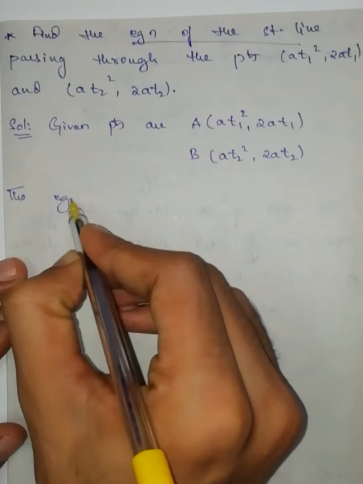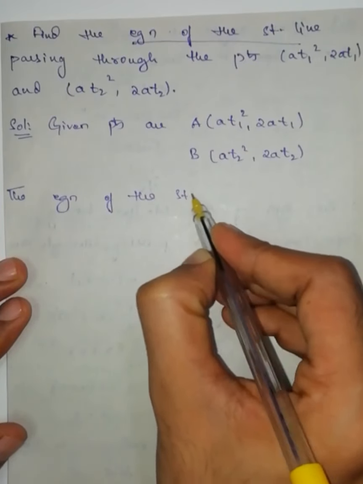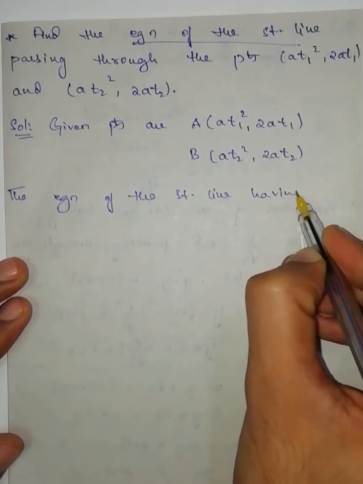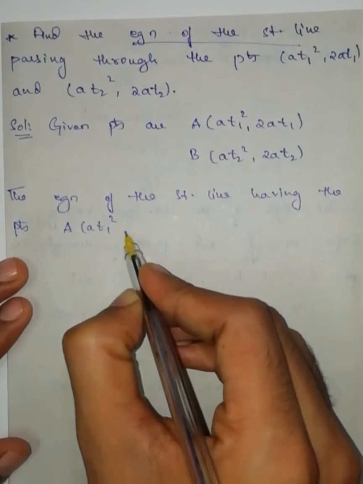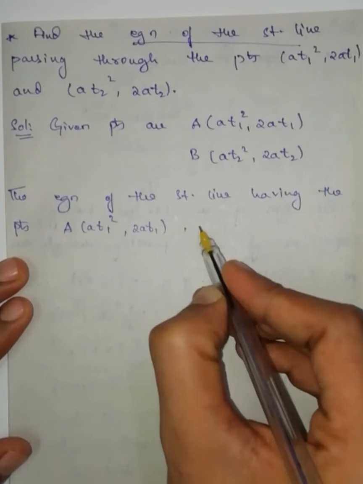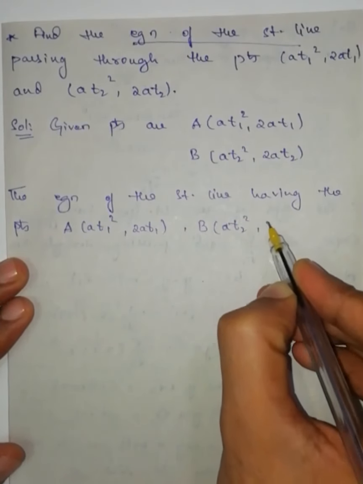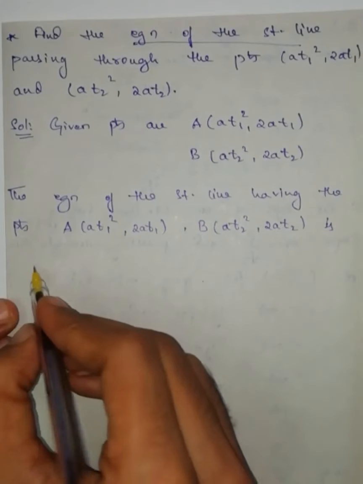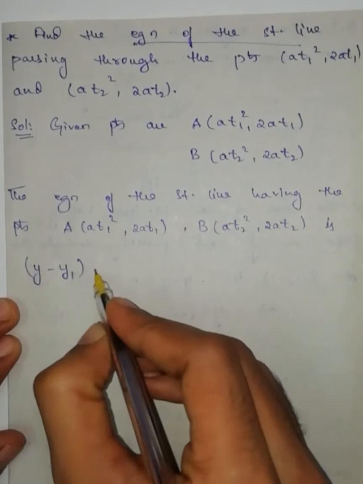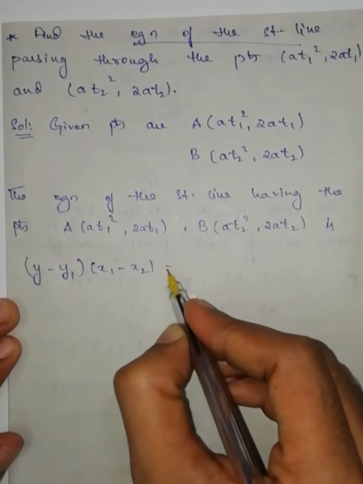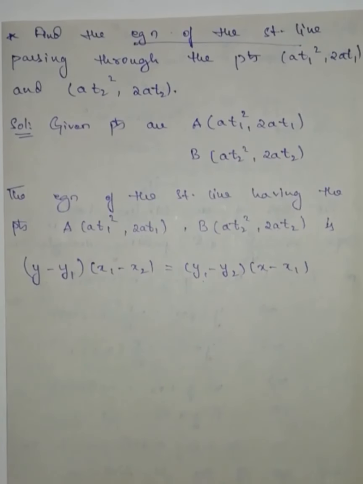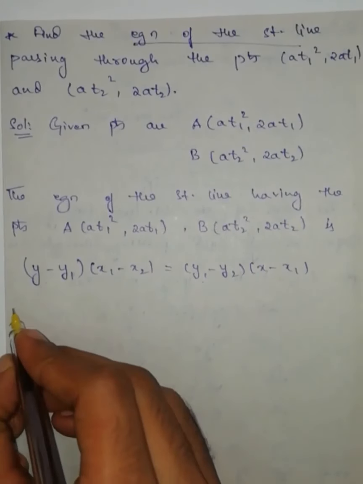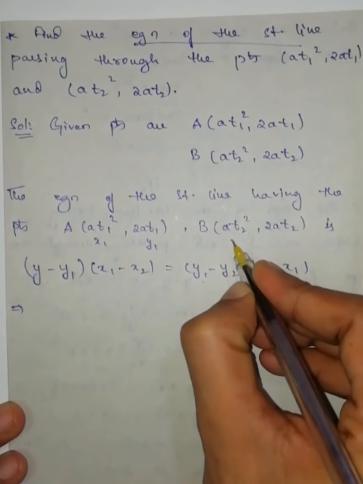The equation of the straight line having the points a t1 square comma 2a t1 and a t2 square comma 2a t2 is, what is the formula? y minus y1 into x1 minus x2 is equal to y1 minus y2 into x minus x1. Now substitute. This is x1 y1 x2 y2.